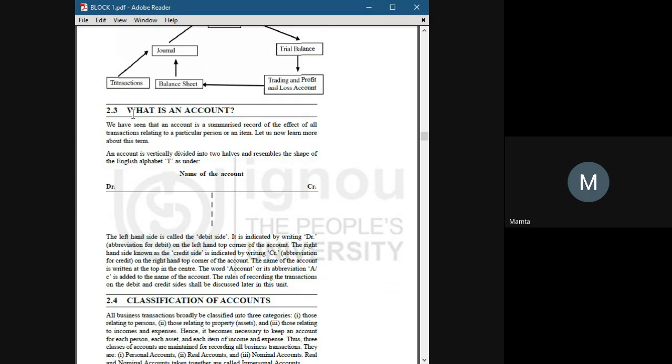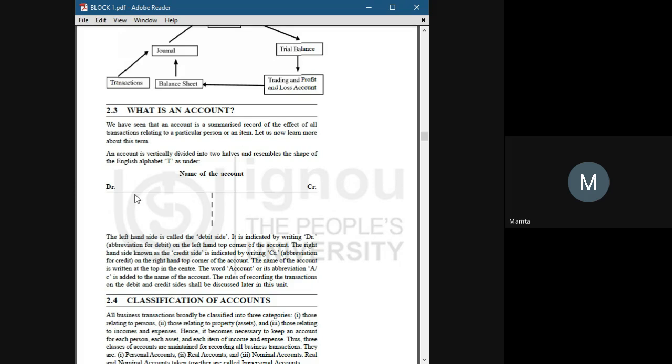Basically, an account is a T-shaped, vertically divided concept. Account is a summarized record of the effect of all transactions.